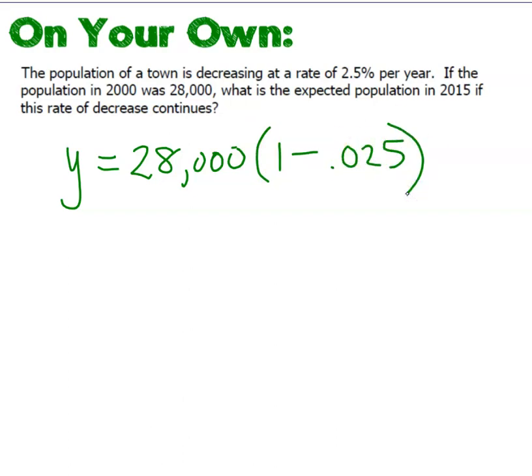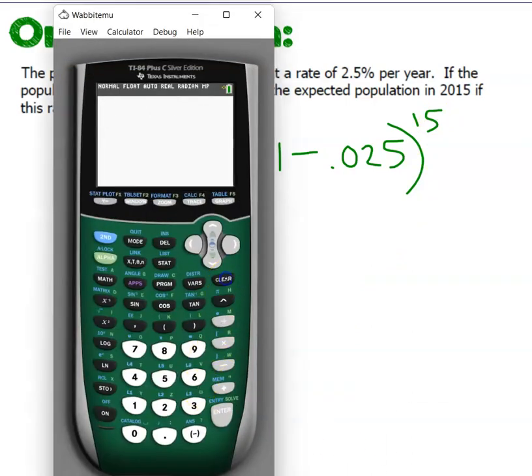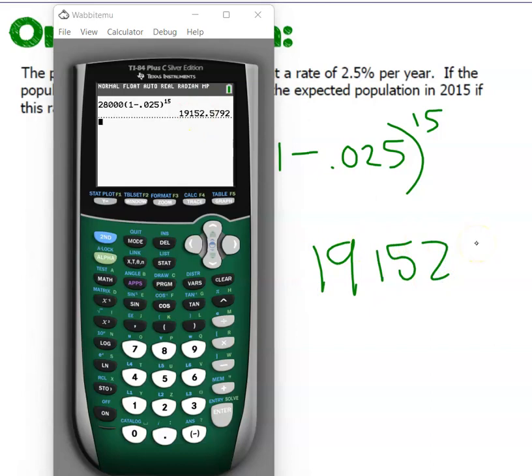Be very careful with your placement of the decimal. That's the most common mistake. So the expected population will be 28,000 times (1 minus 0.025) raised up to the 15th power. 19,152.57. So we don't have enough to get to the next person, so I'm going to leave it here.